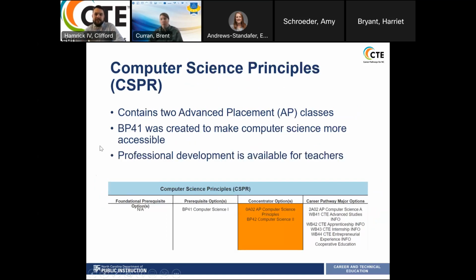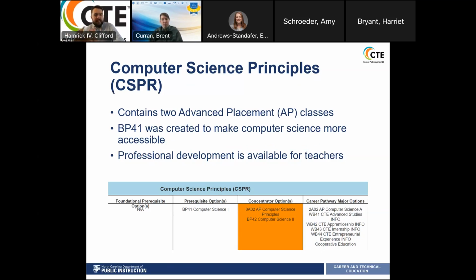All right, so this is the Computer Science Principles pathway, and I would say this is maybe one of the biggest pathways, if not the biggest, we have in computer science and IT. This is a great pathway if your students are interested in learning about computer science in general, a little bit of data, a little bit about networks, some programming.